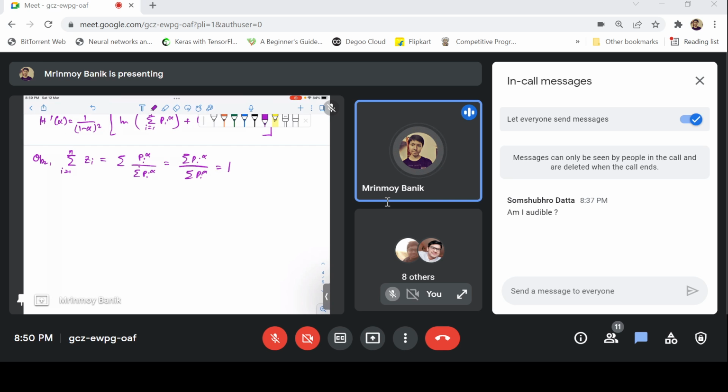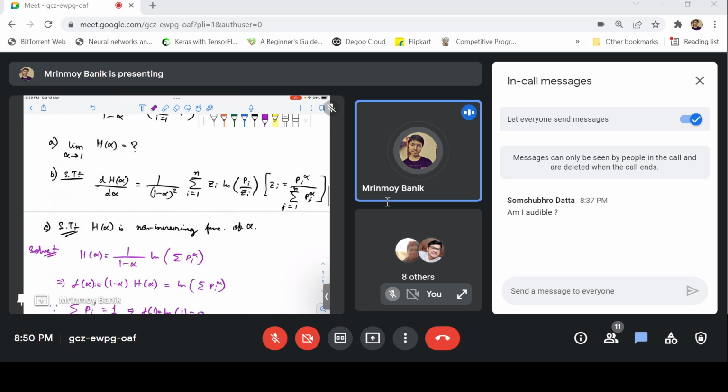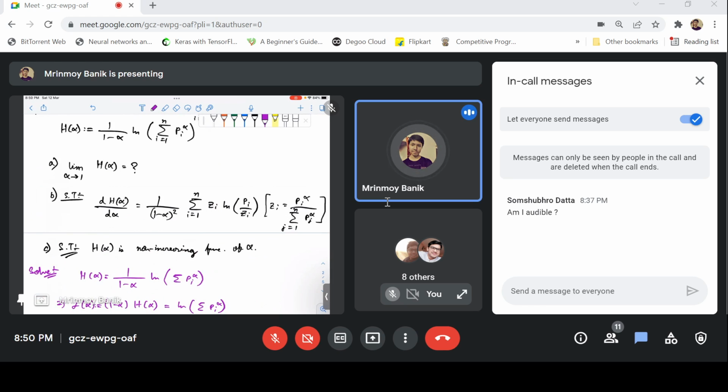So let me try approaching the other way around by simplifying this expression.